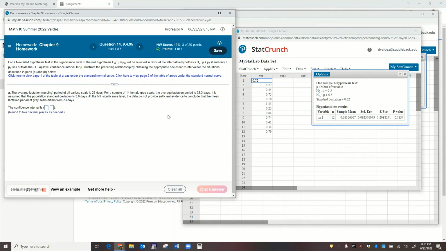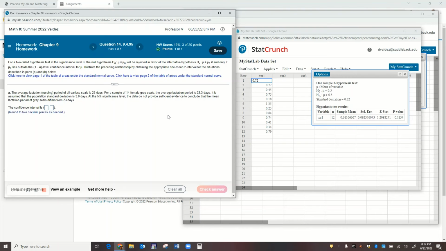Don't get scared. So A says, the average lactation period of all earless seals is 23 days. For a sample of 14 female gray seals, the average lactation period is 22.3 days. It is assumed that the population standard deviation is 3.0 days.